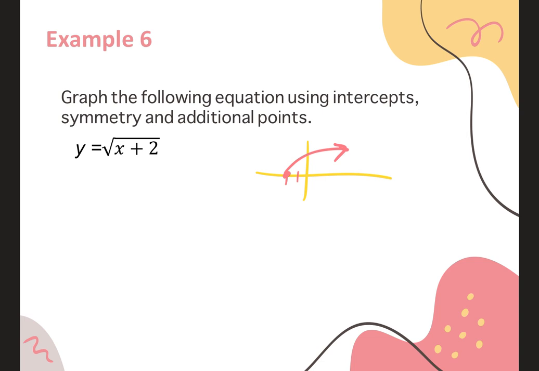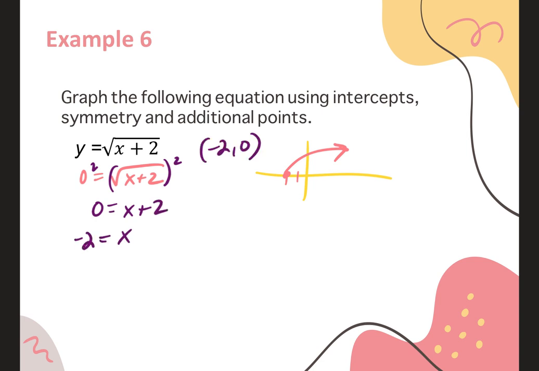So my x-intercept here, if I set it equal to 0, how do I get rid of a square root? Square both sides. I get 0 equals x plus 2. Subtract the 2. There's my x-intercept, which is also from transformations.